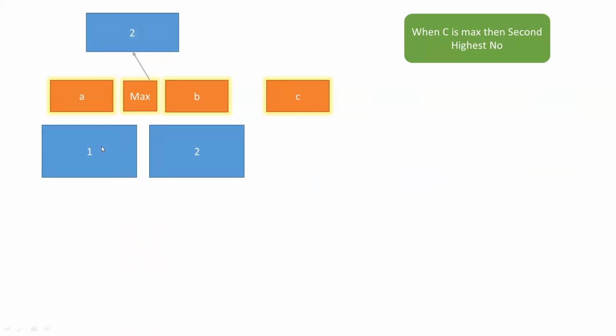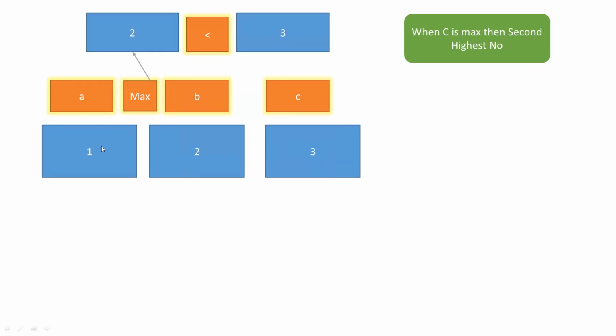Then you have another number, 3. In this, which one is maximum? 3 is maximum, so the highest number is 3, but I need to find the second highest number. So what is the second highest number? 2 is the second highest number. So if I enter 1, 2, 3, it will print 2. This is what the question is.